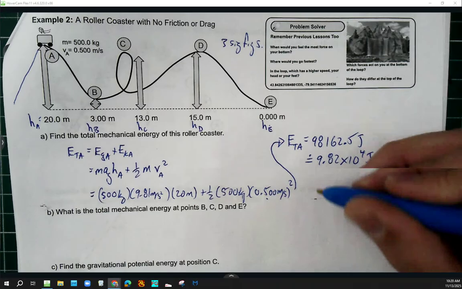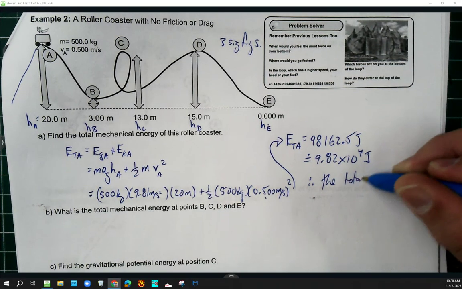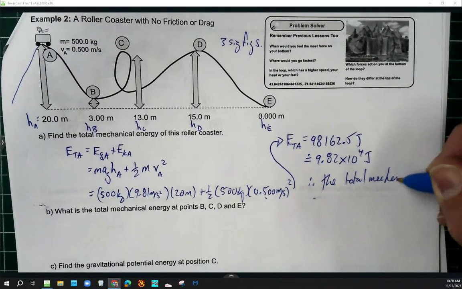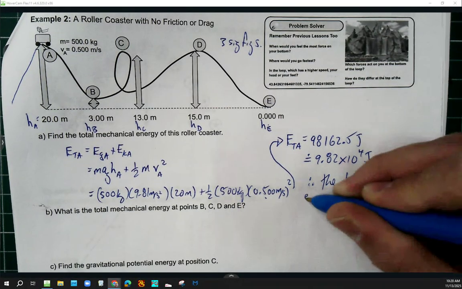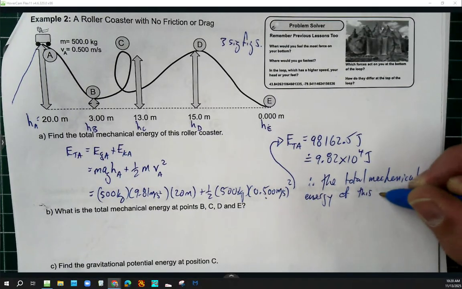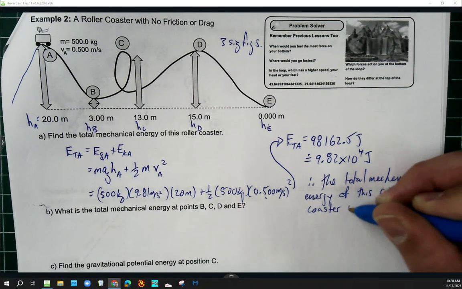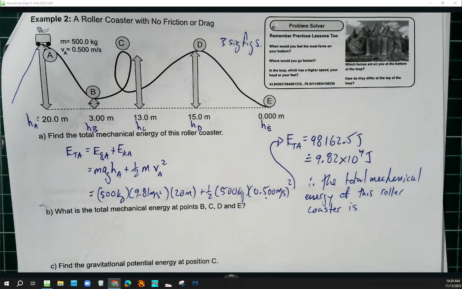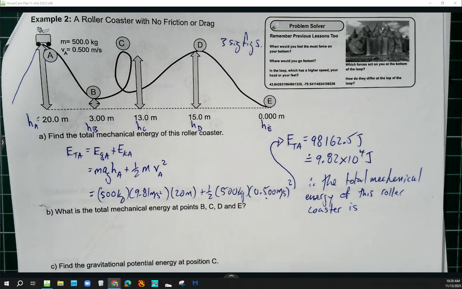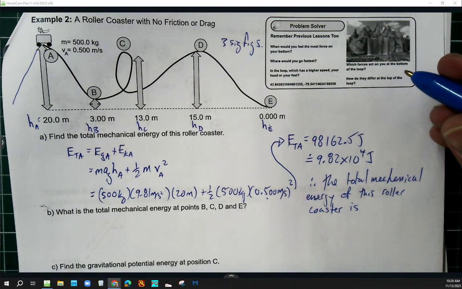So therefore, the total mechanical energy of this roller coaster is 9.82 times 10 to the power of 4 joules.